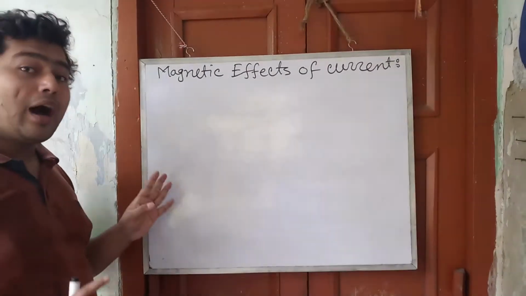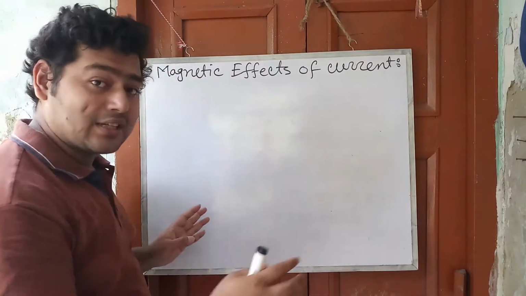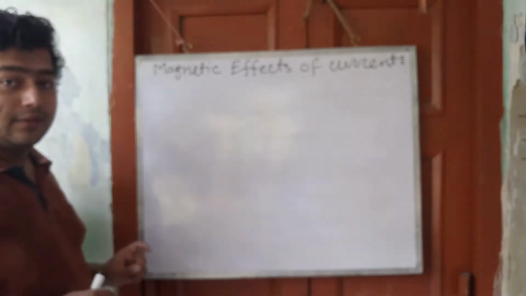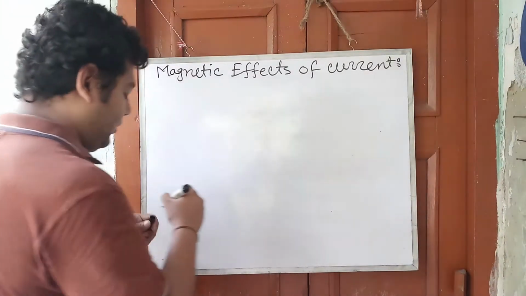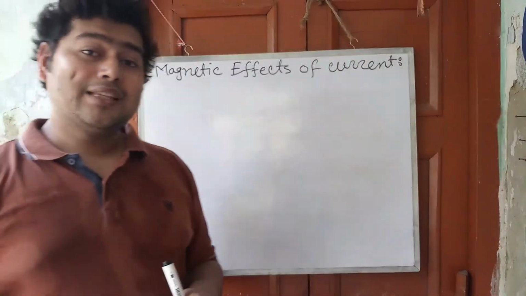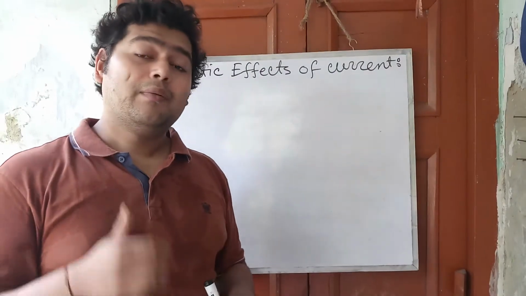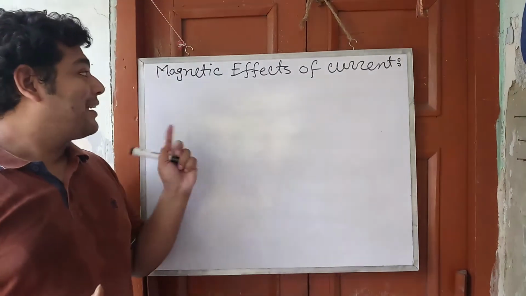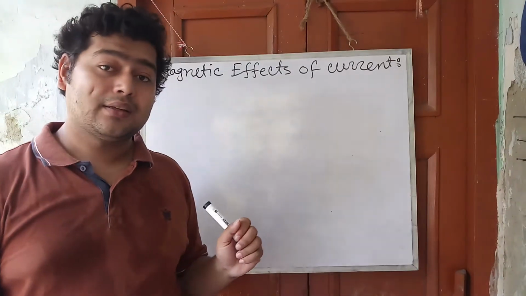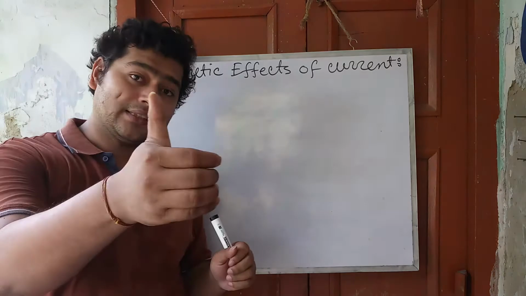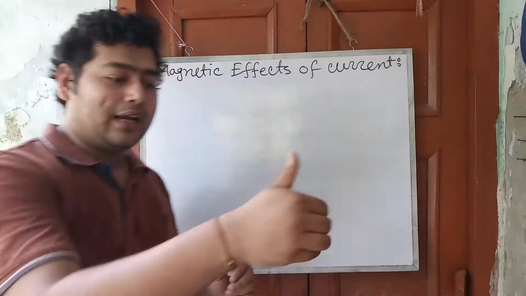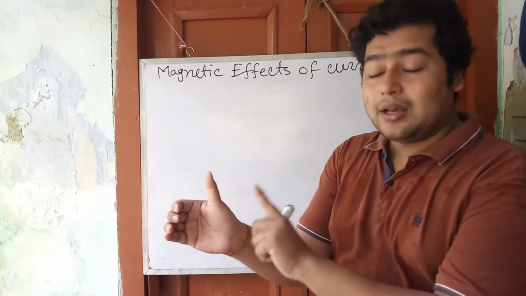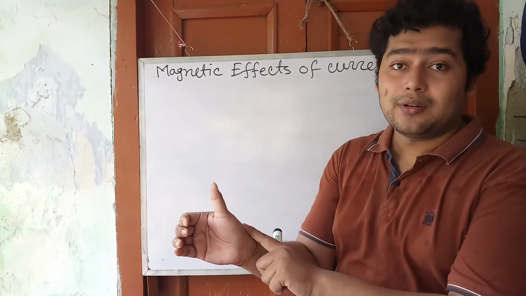Now, how can we get the direction of the magnetic field? By using Fleming's right hand rule. You can see the Fleming's right hand rule.